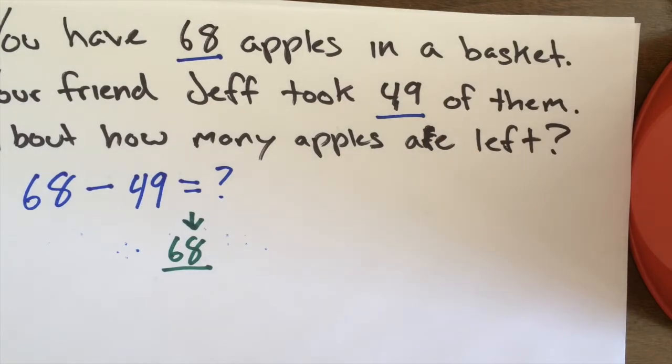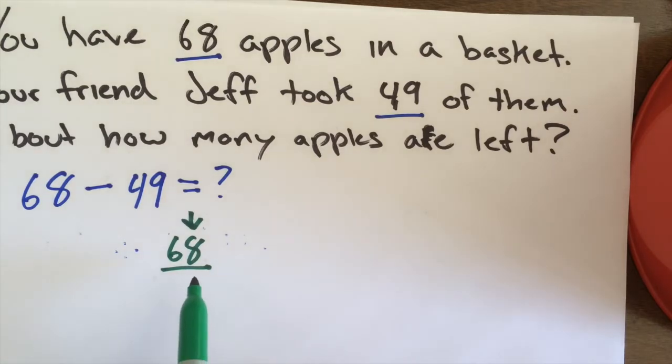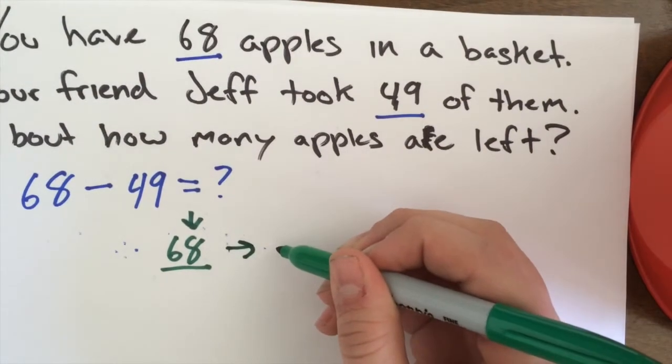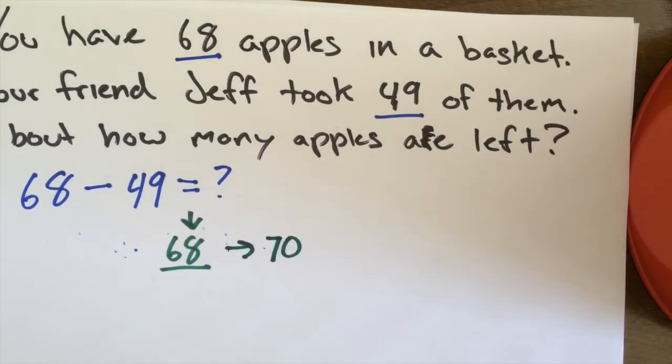There's a simple way to remember this, and how I was always taught was that if the number ends in 1 through 4, round down to the floor. If a number ends in 5 through 9, rounding up to the ceiling is fine. This number ends in an 8. 8 is between 5 and 9, so that means you are going to round up to the nearest 10, which is 70. Let's take the next number, 49.